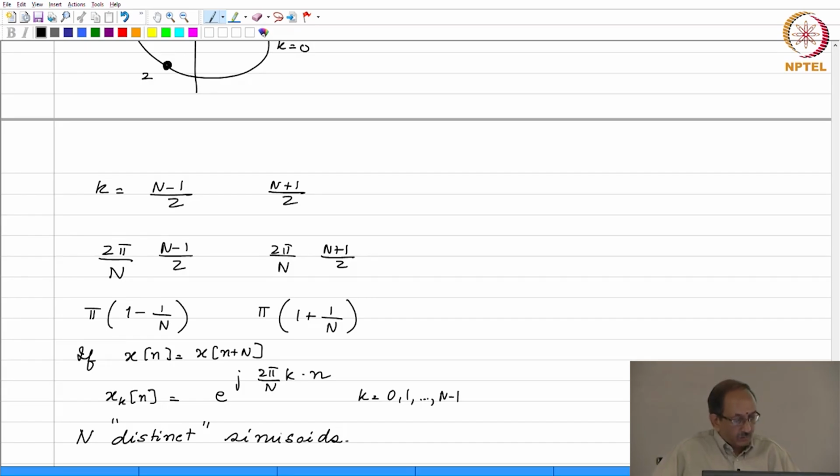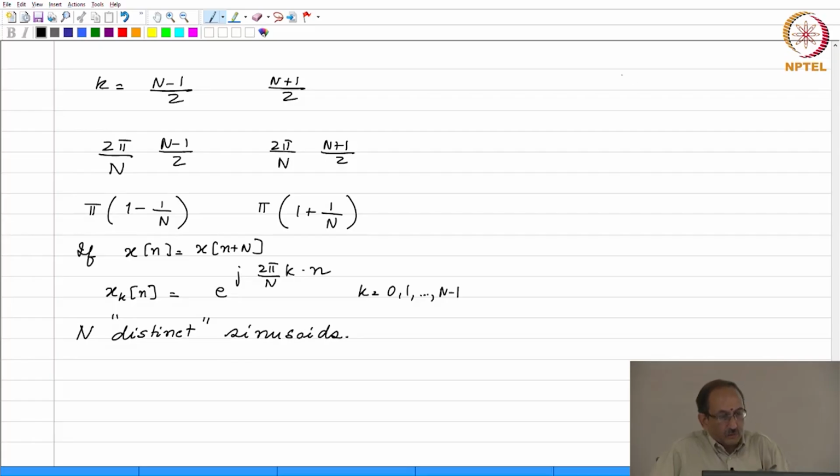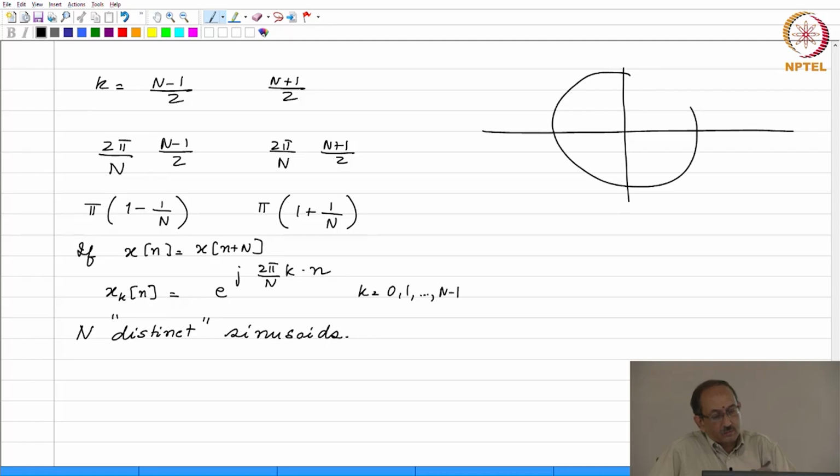Now, let us kind of understand this a little more. So, we need to restrict ourselves only in the range 0 to 2 pi. So, we start off with omega naught equal to 0, and then we keep on increasing omega naught. For every value of omega naught, you produce a sinusoid, and omega naught varies continuously from 0 to 2 pi.